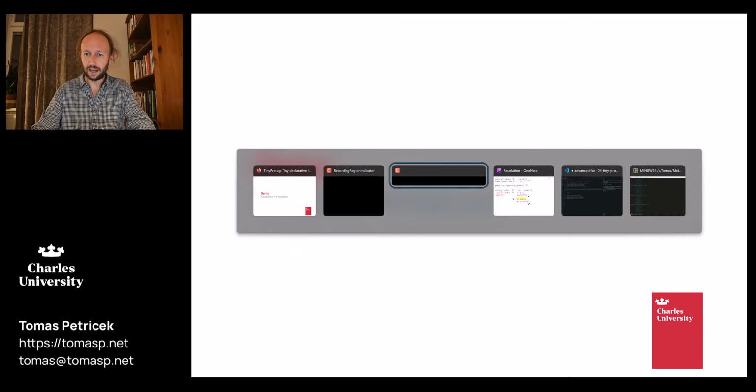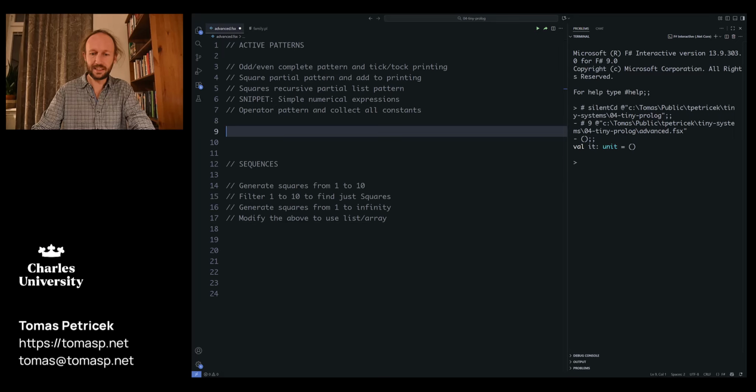So let me show you a couple of advanced things. The first one is the odd and even active pattern. So let's say we want to write code that will write tick for odd numbers, tock for even numbers.